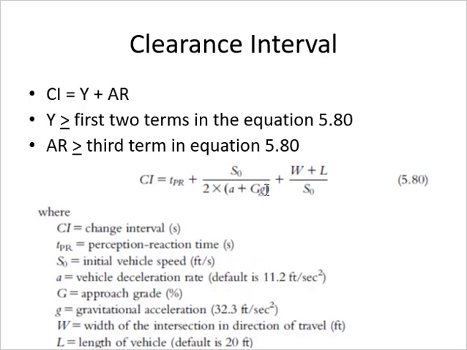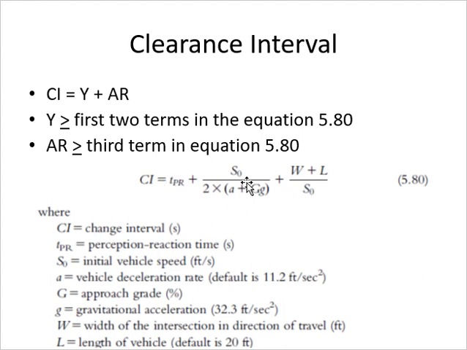So this is the next step. The clearance interval can be calculated using this equation, and there are two parts. This part will help you calculate the yellow time, and this part will help you calculate the all red time. The addition of these two, yellow and all red, is known as the clearance interval.